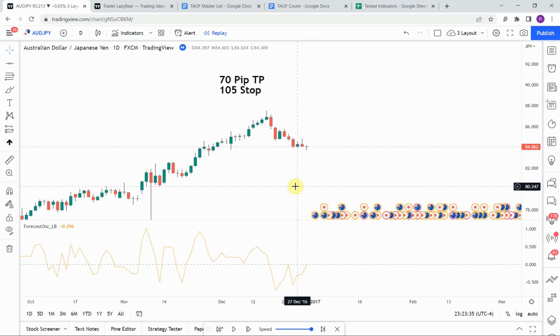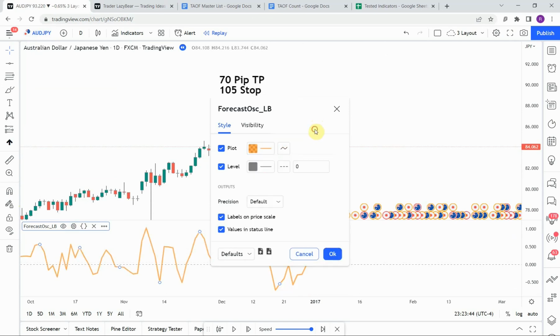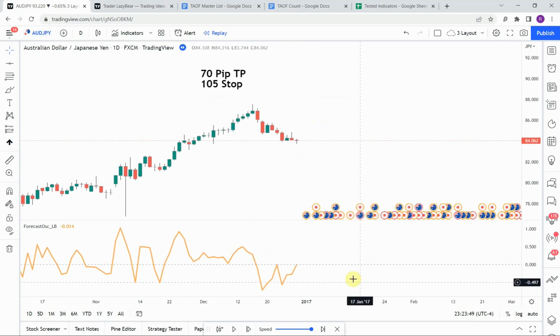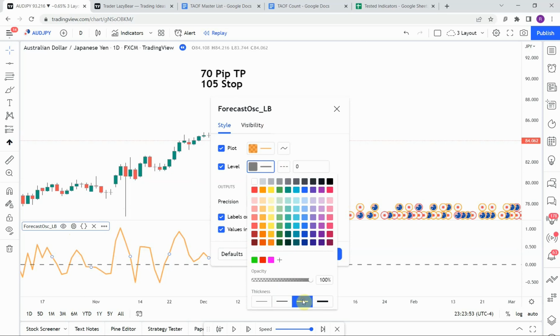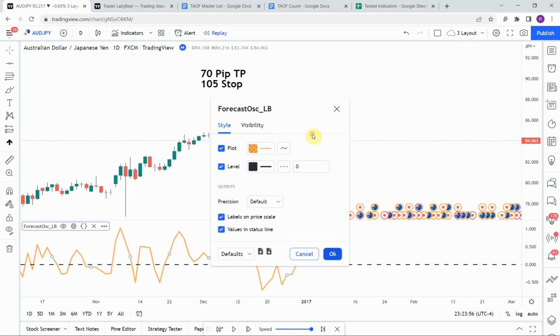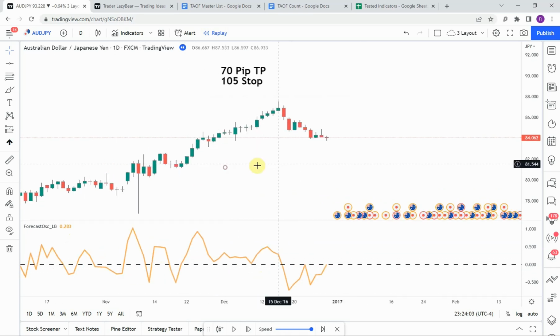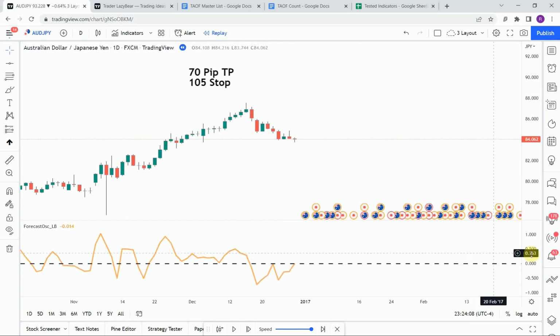Alright, so today's indicator is the Forecast Oscillator. And you can see it here on the bottom of the screen. Maybe you just go in and bump up the line weight of that just a little bit, so that way it's a little bit more clear. And as you guessed, you could probably see where we're going with this one. So what we have is the oscillating line, the oscillator, and we have a zero line here marked with the dash, and there is no overbought, there is no oversold.